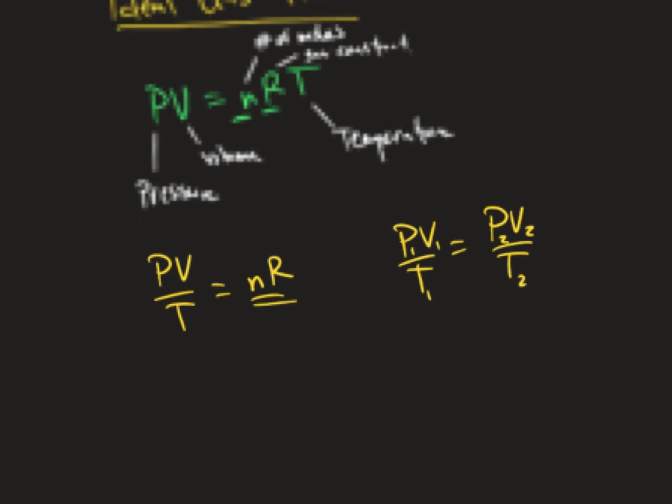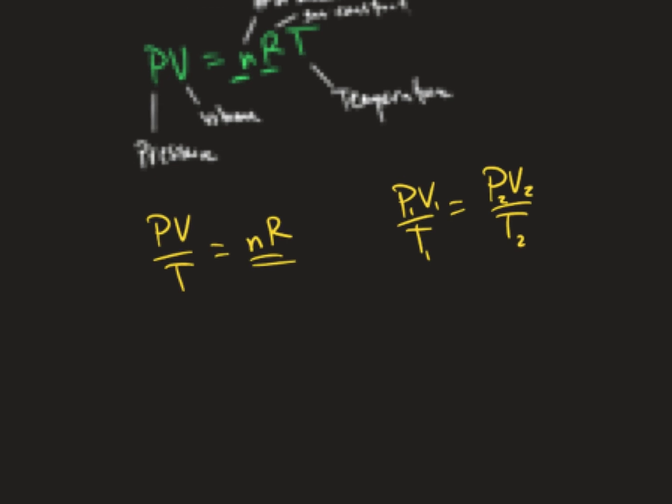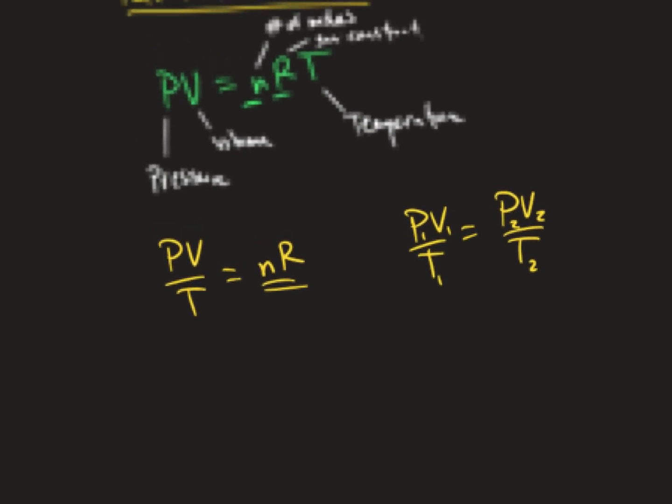All right. So if we do the same thing, now we're here. Let's divide both sides by n, the number of moles, and we're going to get R is equal to PV over nT. You follow? And so the value for this is 0.0821.